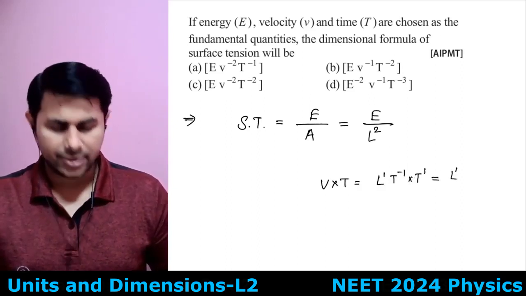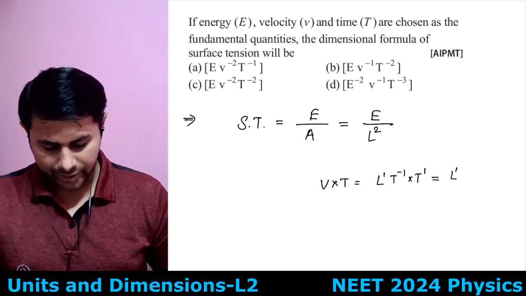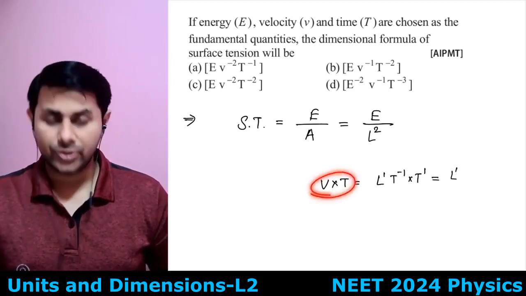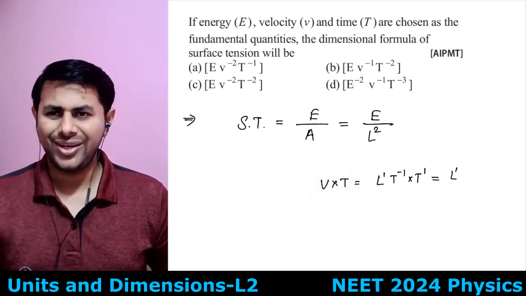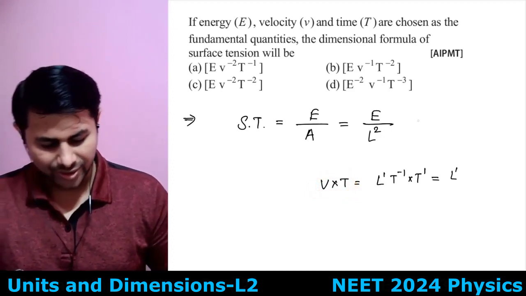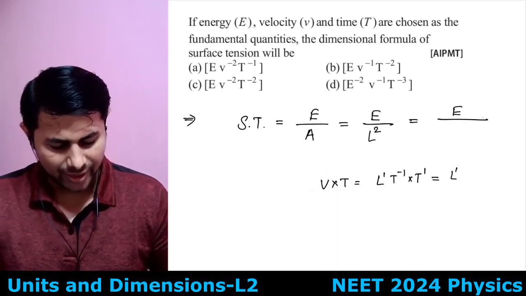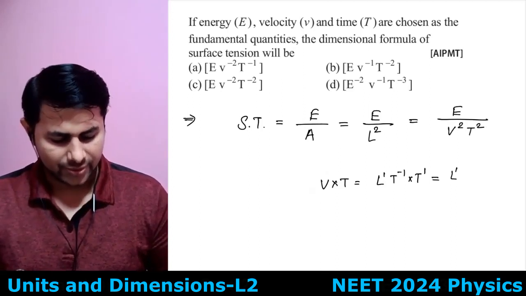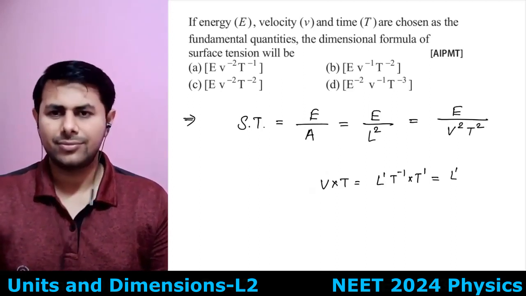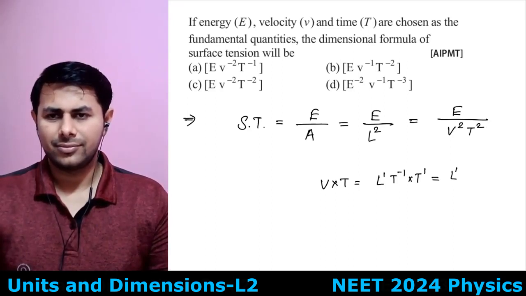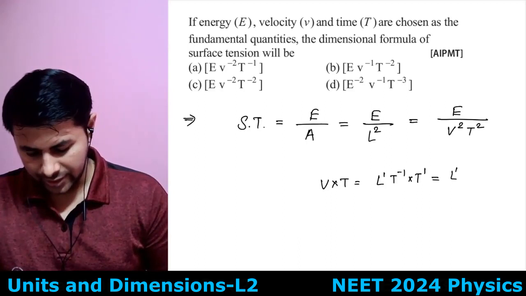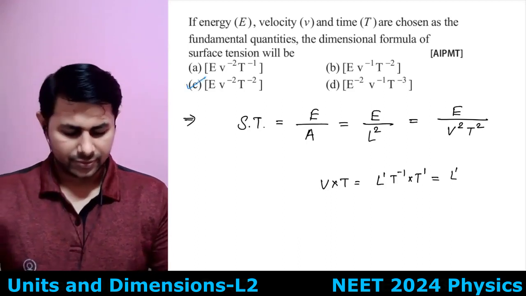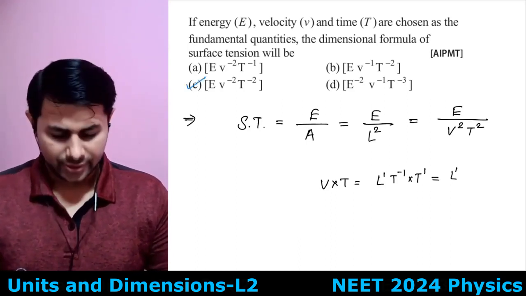So that is L raised to 1. And I want L raised to 2. That means I should take its square. And the problem is solved. So I have E divided by V square T square. See which is the option? Option C is the answer. Simple.